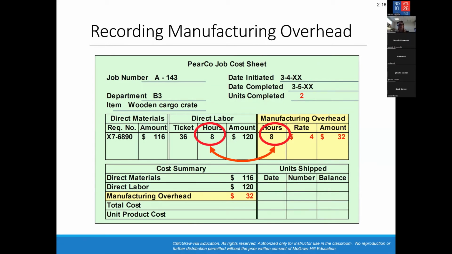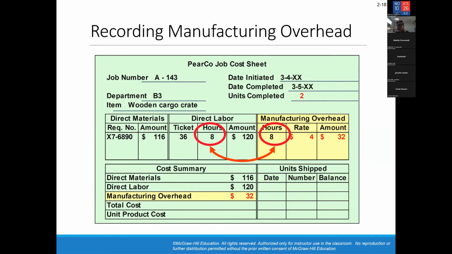So on this example, we used 8 hours. The 8 hours is multiplied by the wages for the direct labor, and then it's using that predetermined overhead rate, same amount of hours, in order to calculate the manufacturing overhead. So we're just saying 8 hours times the $4. That gives me $32. That's going to get added in.